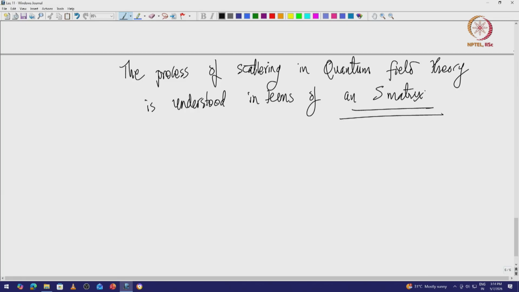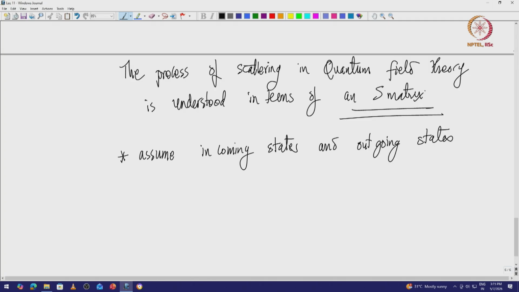Here what we do is we assume incoming states and outgoing states are free particles.